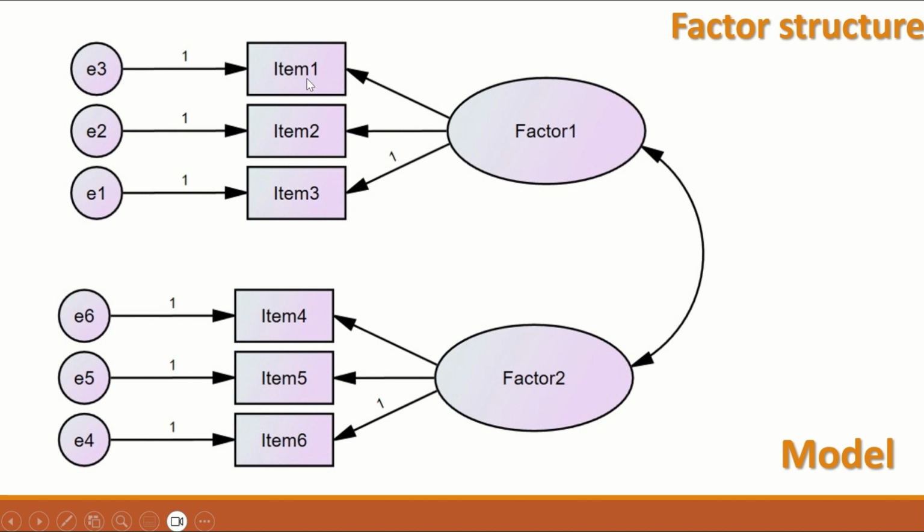Factor 1 has 3 items loading into it, and factor 2 has 3 items loading into it, and factor 1 and factor 2 can co-vary. So there is a loading for each item to that factor. So this is the structure of the model that can be proposed or hypothesized or determined by the EFA to be tested in the confirmatory factor analysis.